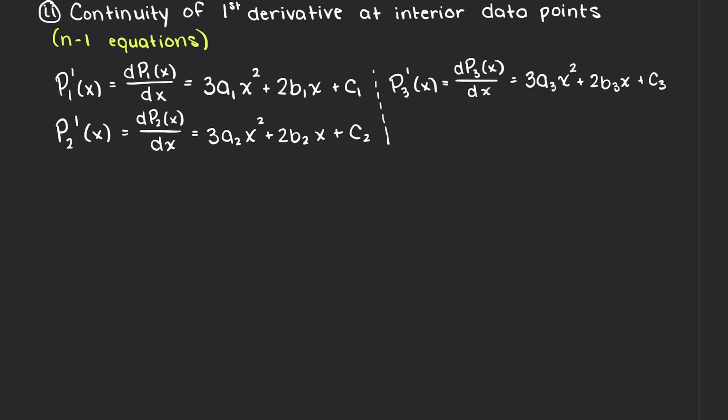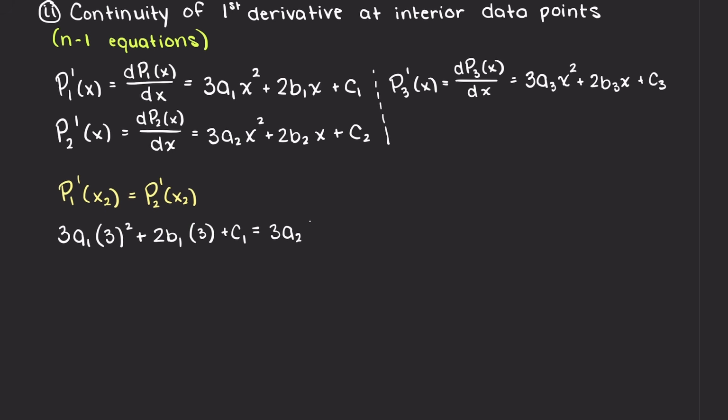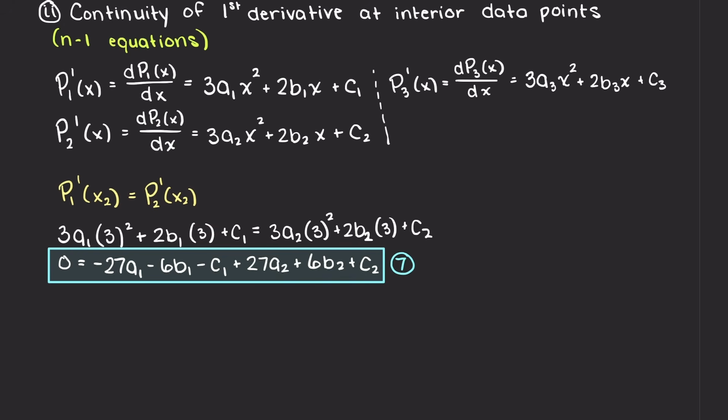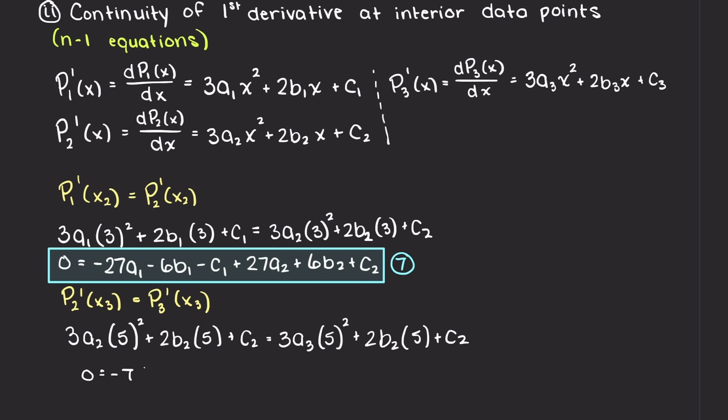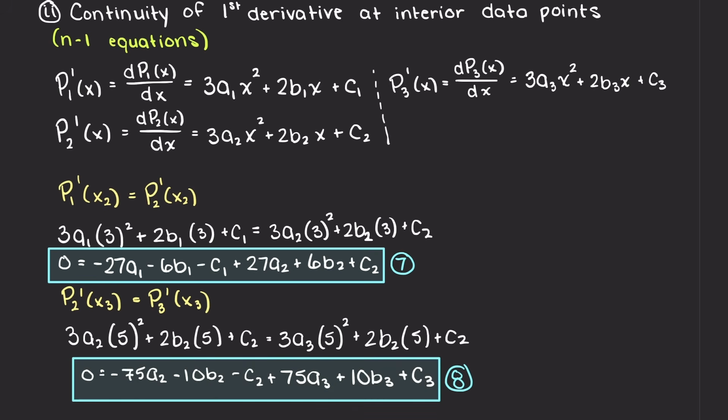So, we simply find the derivatives of our polynomials with touching interior data points, and then evaluate them at that input. And here are the 2 equations that we get from this.